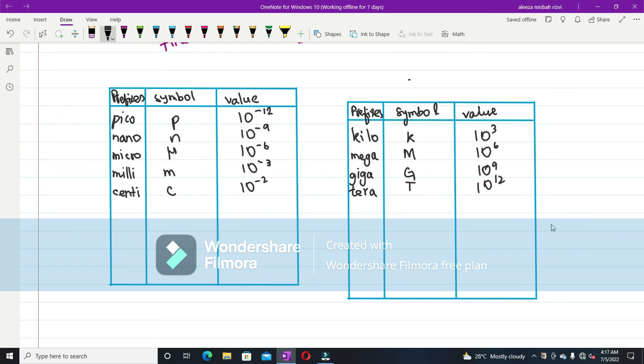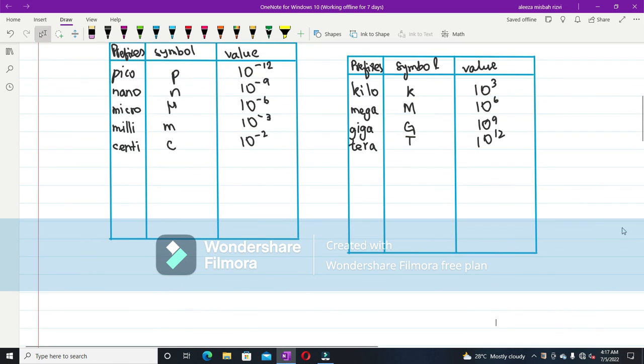Let me give you an example of a prefix being used down here. Maybe you know or you will learn it later on. The speed of light is also denoted using these prefixes, which is 3 into 10 power 8.